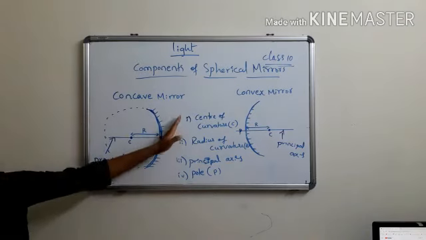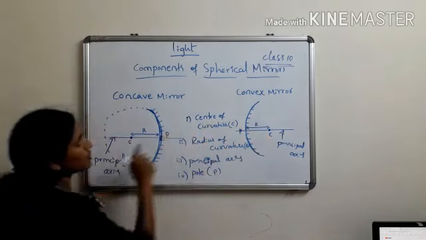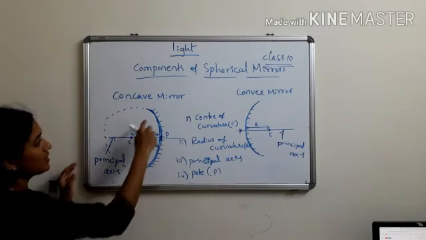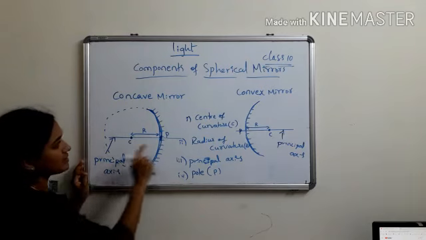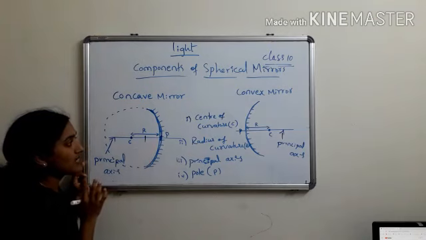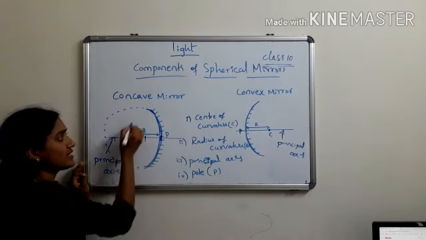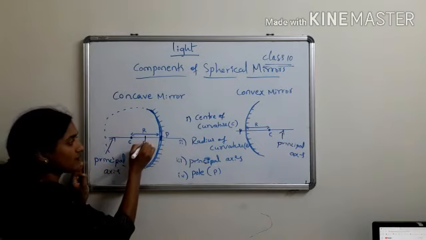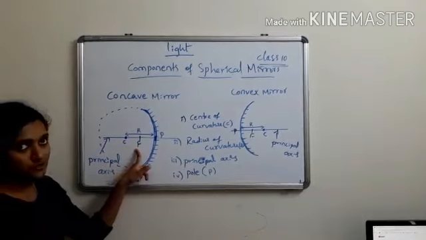There are four important concepts. The center of curvature, for both the convex and concave mirror. The center portion between the pole and the center of curvature is F, the focus.